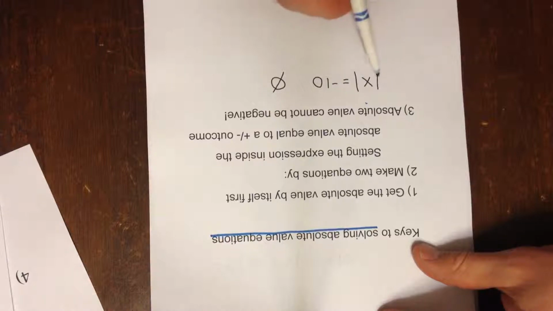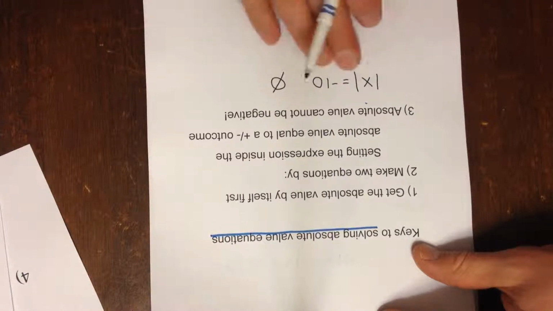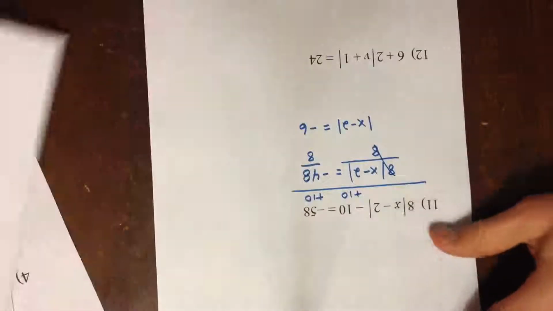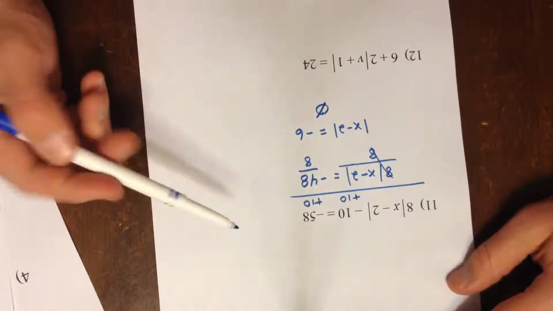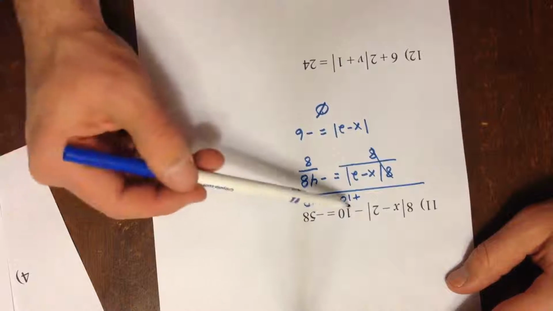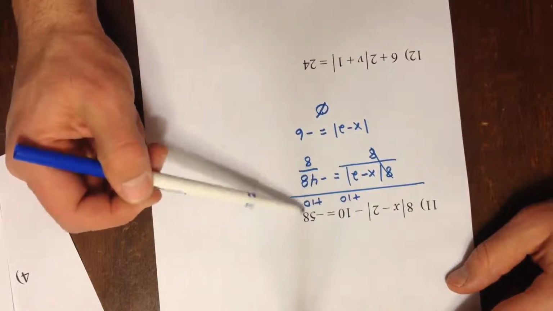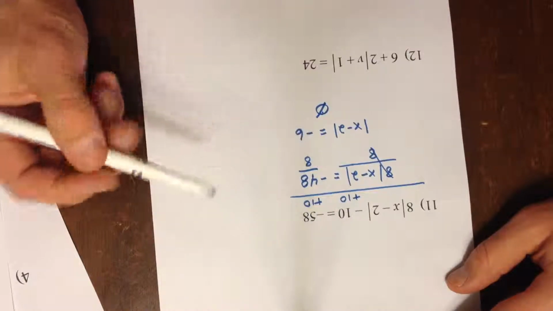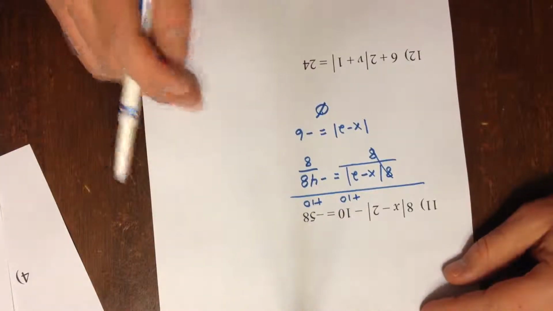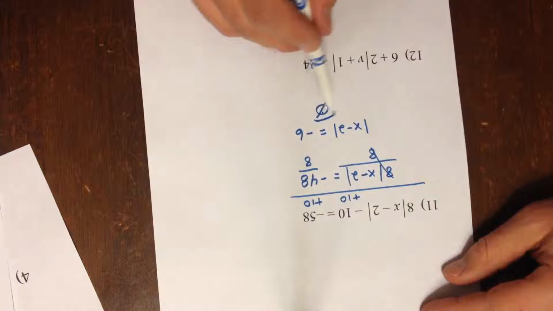So I have an absolute value that's saying it's going to equal something negative. That's impossible. So you may have seen back here that adding 10 and dividing by 8 to this negative 58 was not going to make it positive. So you might have seen that earlier than at the end.